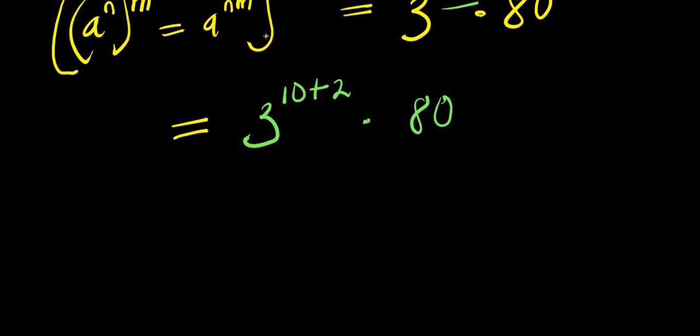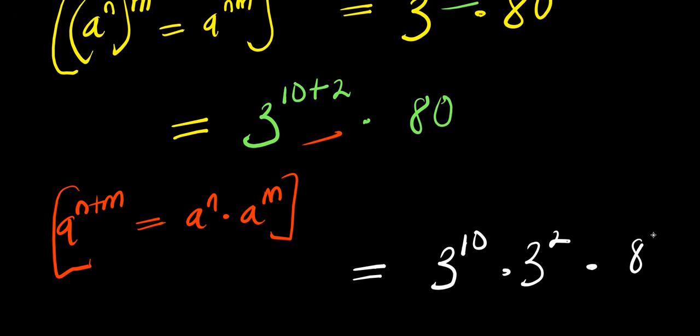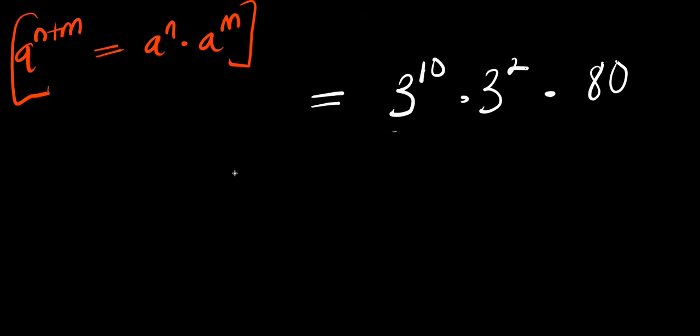So I go ahead and apply this identity. A power n plus m equals a power n times a power m. Apply it here. I'll have 3 power 10 times 3 power 2 times 80. So we need to find the value of 3 power 10 equals 3 power 5 times 2.